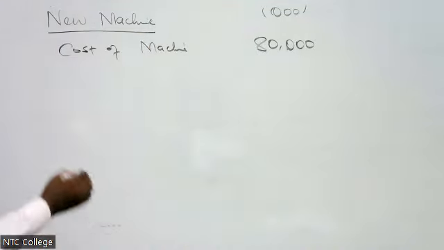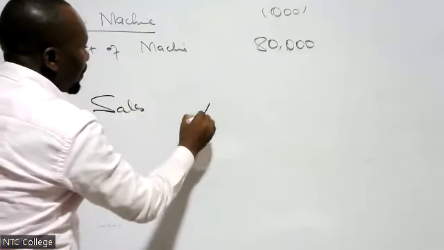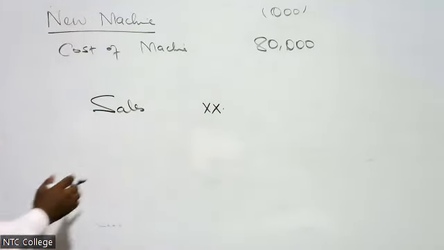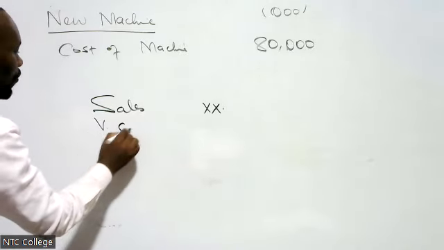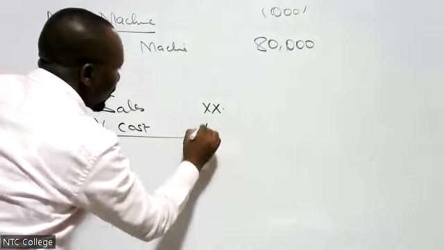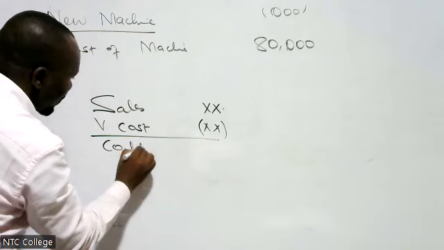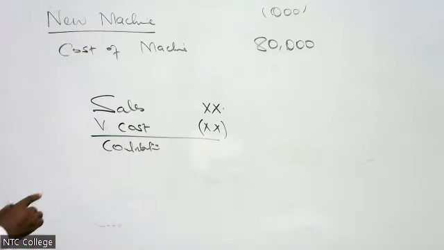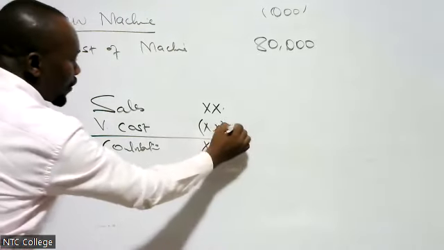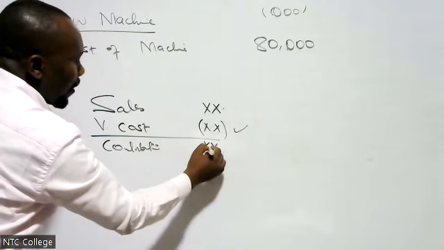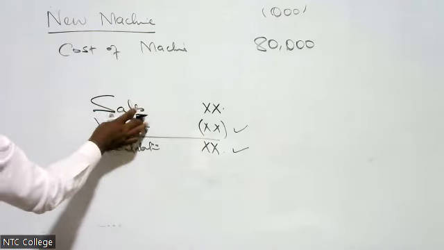So for those who don't understand, normally when we have sales, contribution is just sales minus variable cost. Contribution margin is a percentage of that, because when you have this, it is the variable cost and contribution, which is just the gross profit immediately after sales.